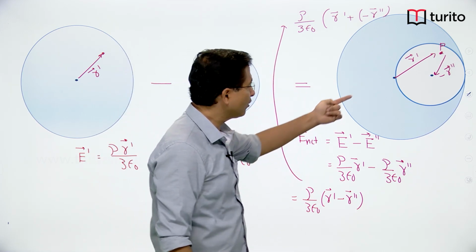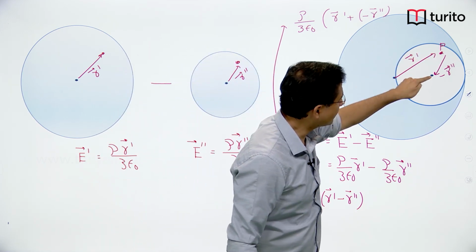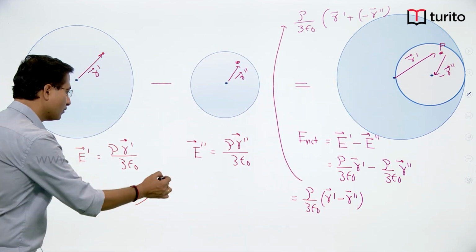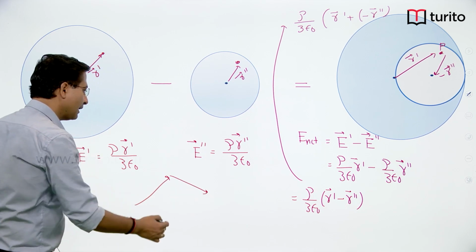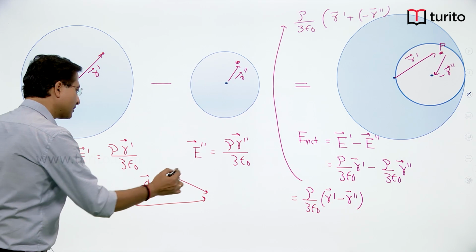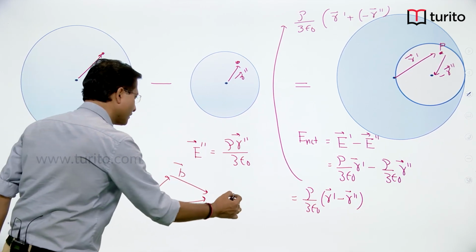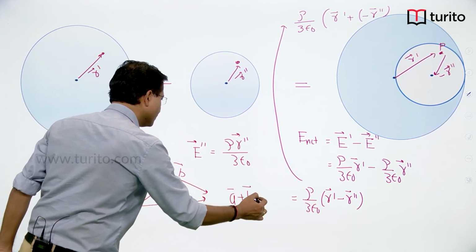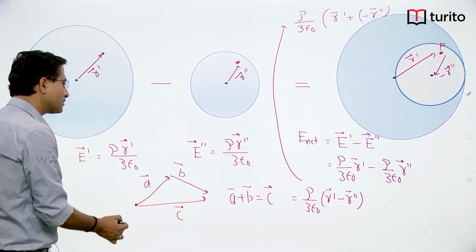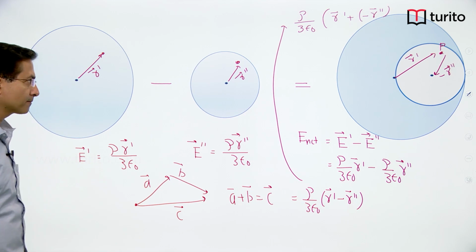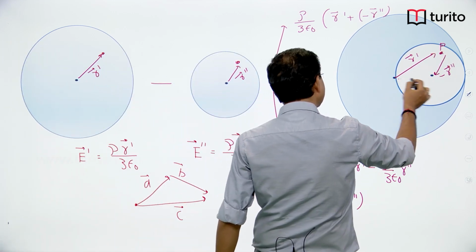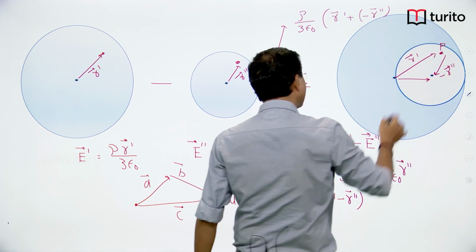And from the triangle law we know this vector plus this vector is equal to this vector. From the triangle law, or polygon law, we know that A vector plus B vector will give you C vector. This is the C vector, the line joining the tail of the first vector to the head of the last vector.